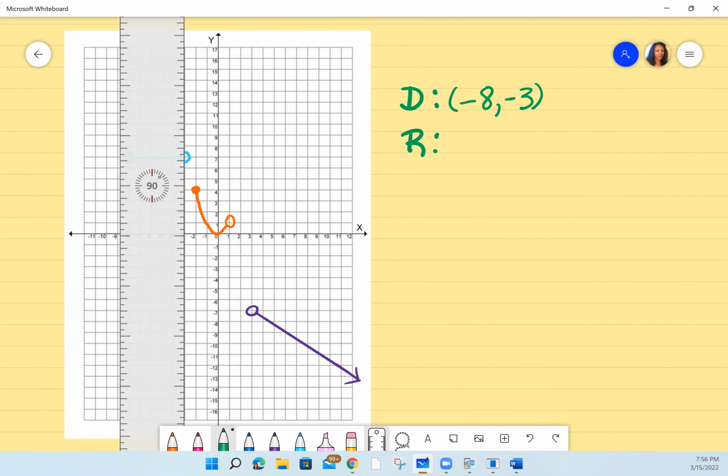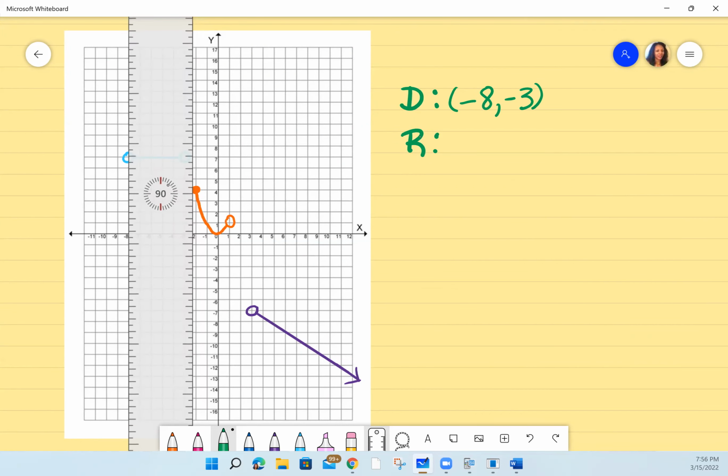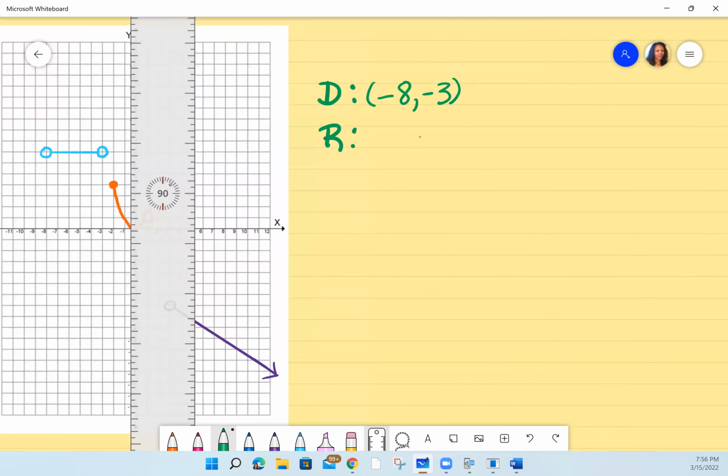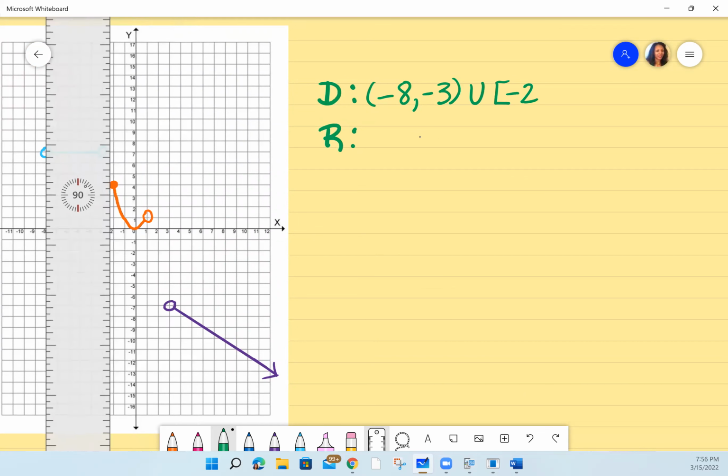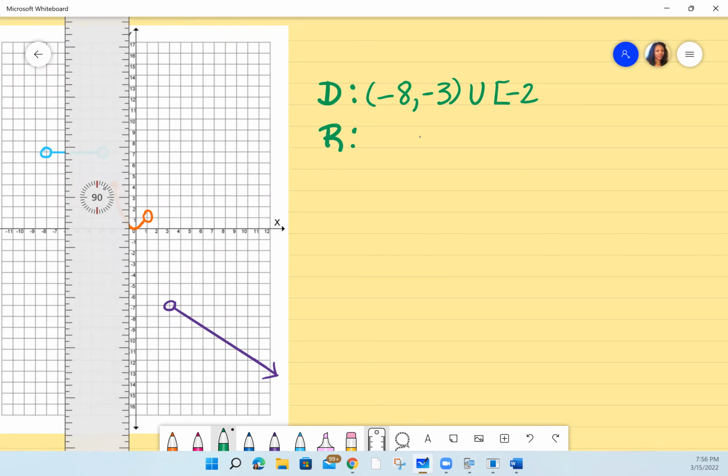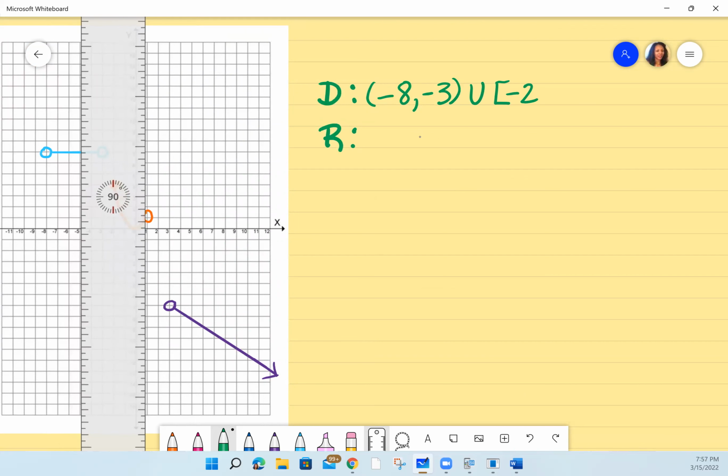If I keep going over, I start again at -2. When I do something again, that means I'm going to have a union. And -2 is a closed circle, so that means it's included. And I keep going and going until I get to 1. Well, 1 is an open circle, so that means I use a parentheses.